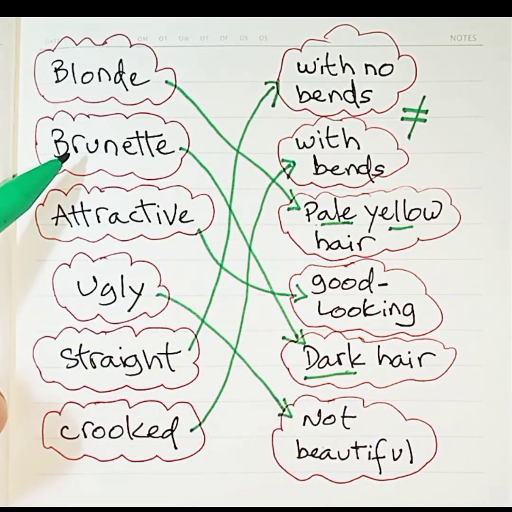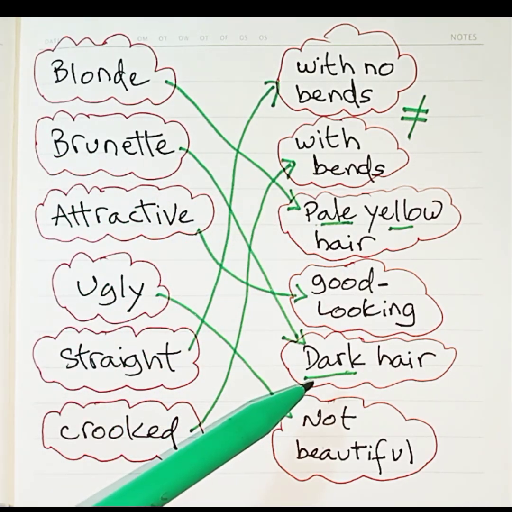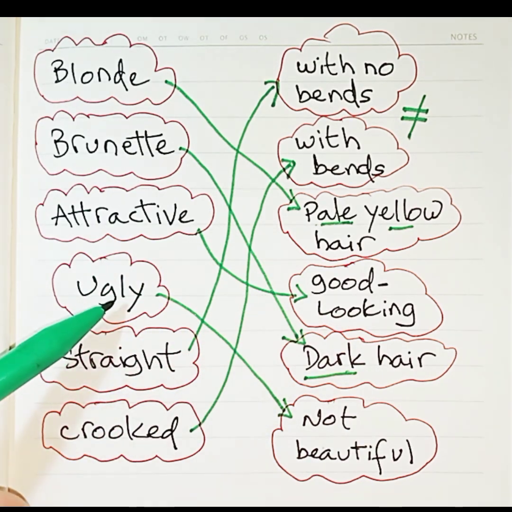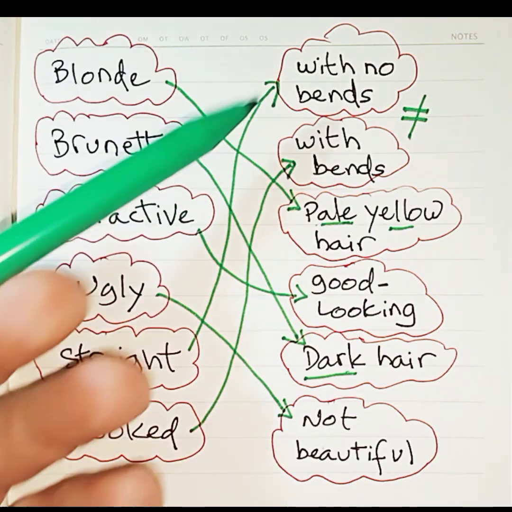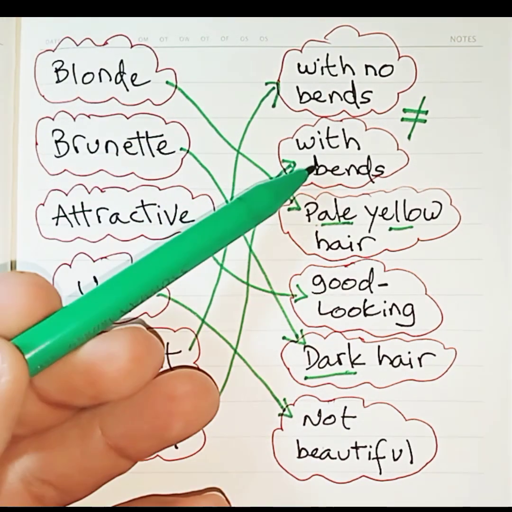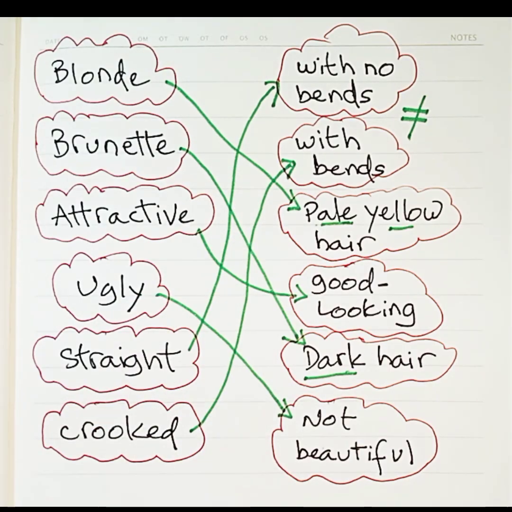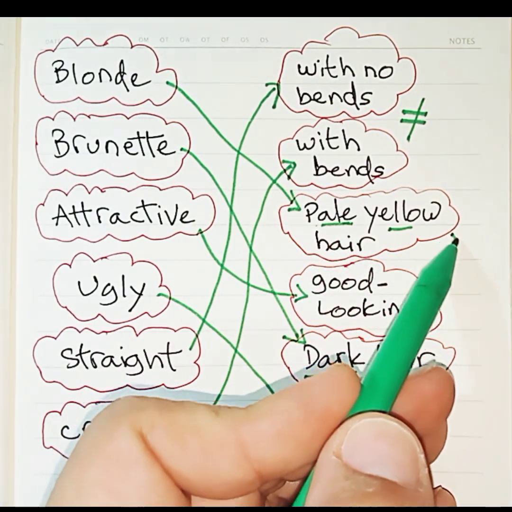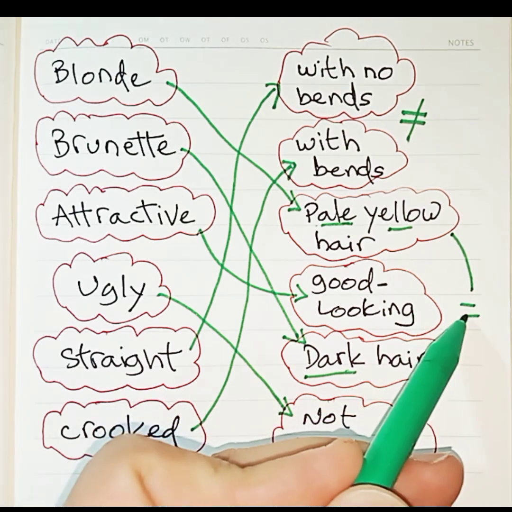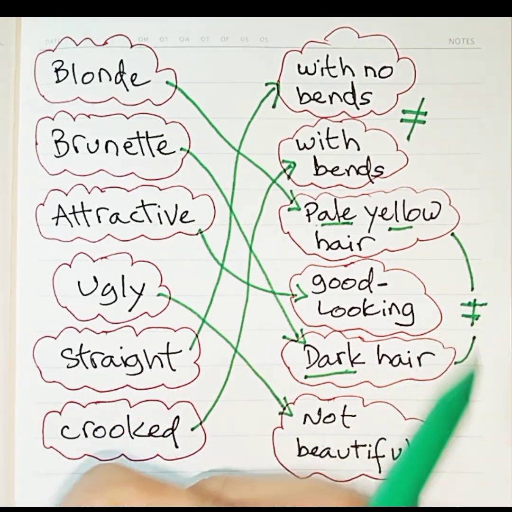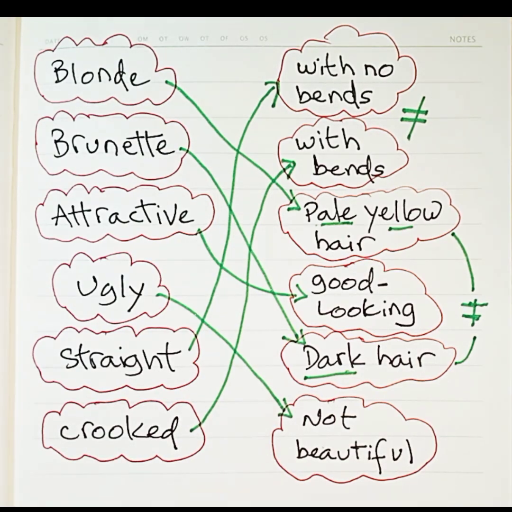Blonde, pale yellow hair, brunette, dark hair, attractive, good looking, ugly, not beautiful or not handsome, straight, with no bands, crooked, with bands. Again, no one is ugly. Pale yellow hair is the opposite of dark hair, which means blonde is the opposite of brunette.